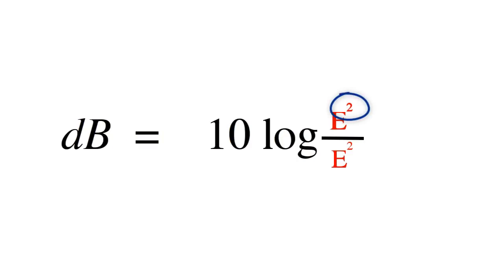One of the rules of manipulating logs lets us move that square from the fraction out here in front. So we end up with 2 times 10 times log of E over E. So if we change the multiplier from 10 to 20, 2 times 10, we can now use the decibel to express a ratio of voltages such as we do in signal to noise.